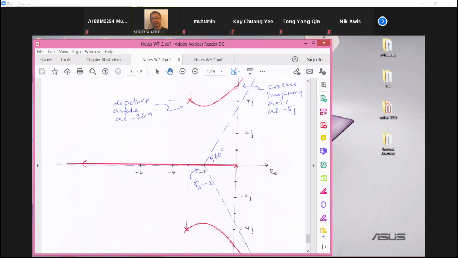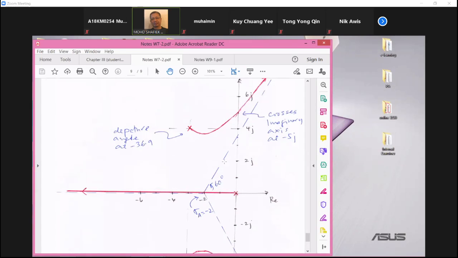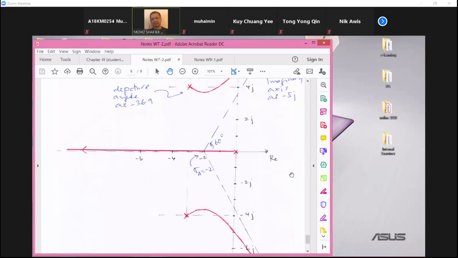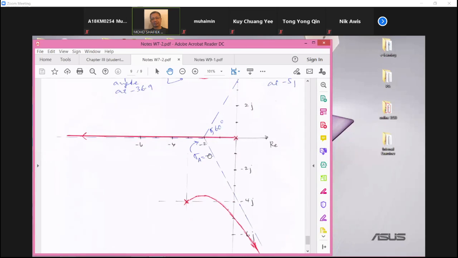The first line is at 60 degrees, and you draw this blue line here as the first asymptote line. And then another line at 180, go all the way to the left. And then they are symmetrical about the real axis. And this is your third, going down at an angle of 300 degrees all the way down. So those are your three asymptote lines.